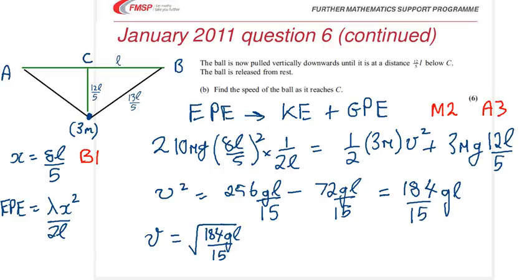That gives a total of 6. The method marks were for correctly stating the principle of conservation of energy, and then for putting in the right expression for elastic potential energy. The accuracy marks were for the right numbers in the right places, and for sorting out the equation and getting v.